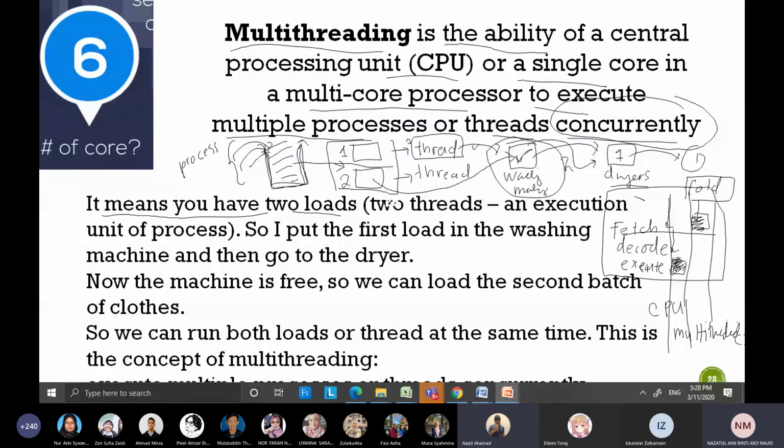For example, the component for fetching can fetch while another component executes. Fetch is by the CU, right? Execute is by the ALU. So we can see at the same time they are processing, but not at the same level lah.